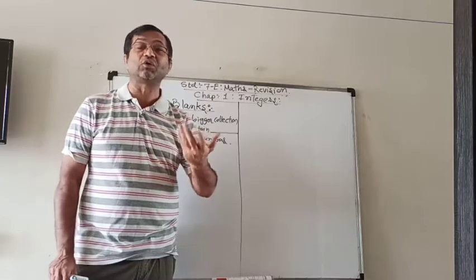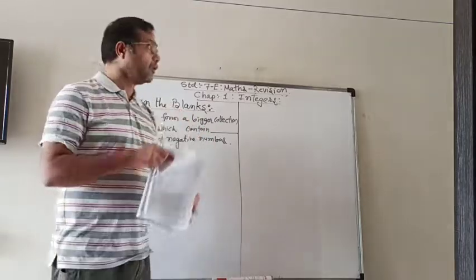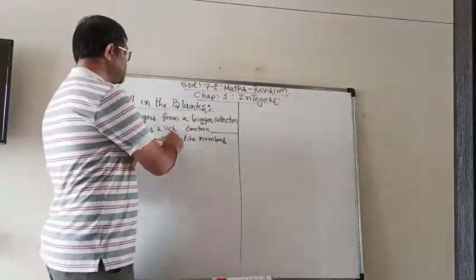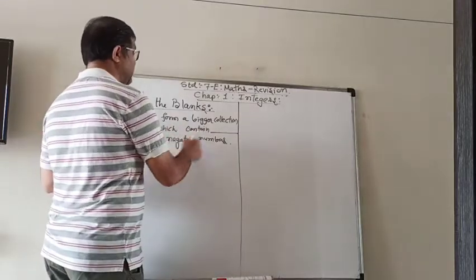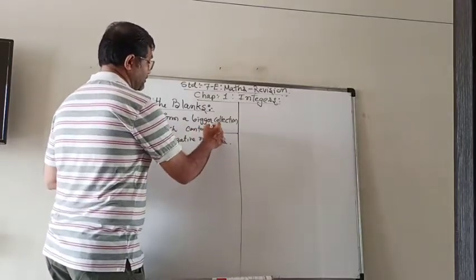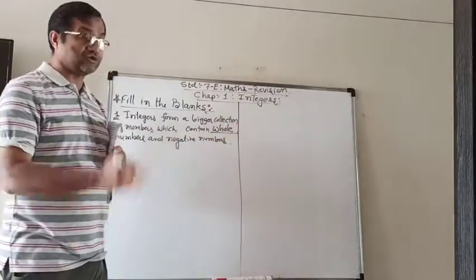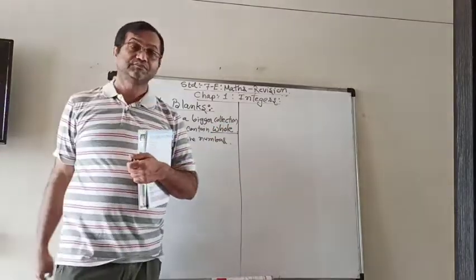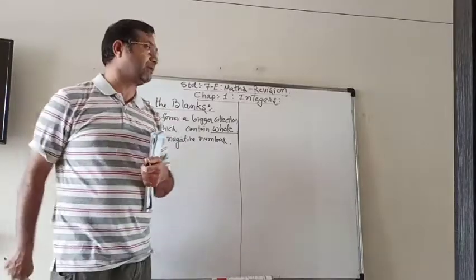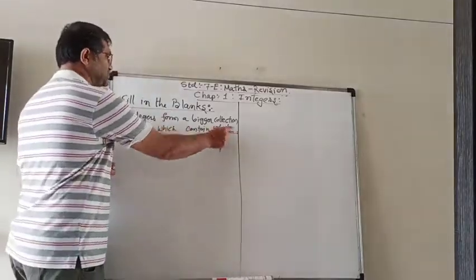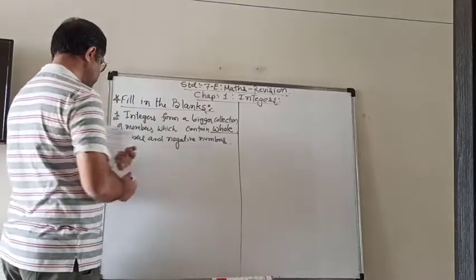Positive along with 0, what are they? They are whole numbers. So which contain whole numbers and negative integers, negative numbers. So here your answer will be whole, because 0, 1, 2, 3, 4 all together are known as whole numbers. So here there is a chance to make a mistake.